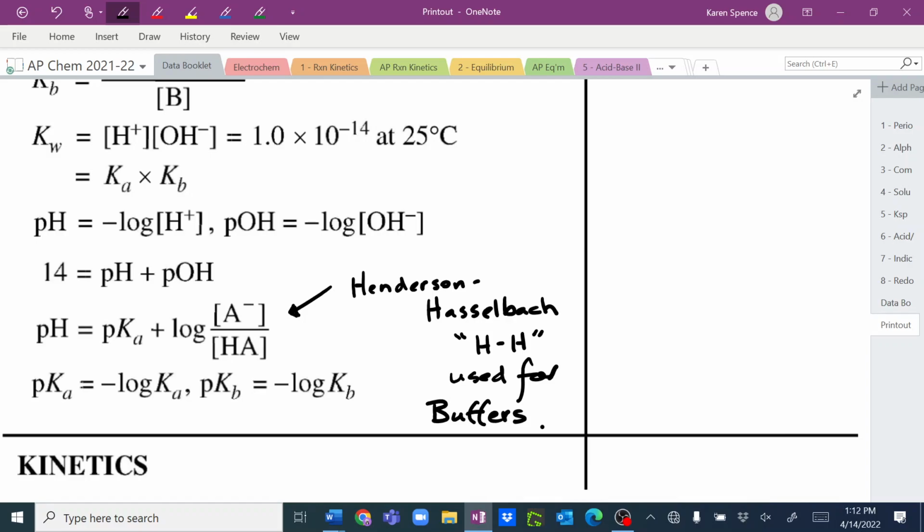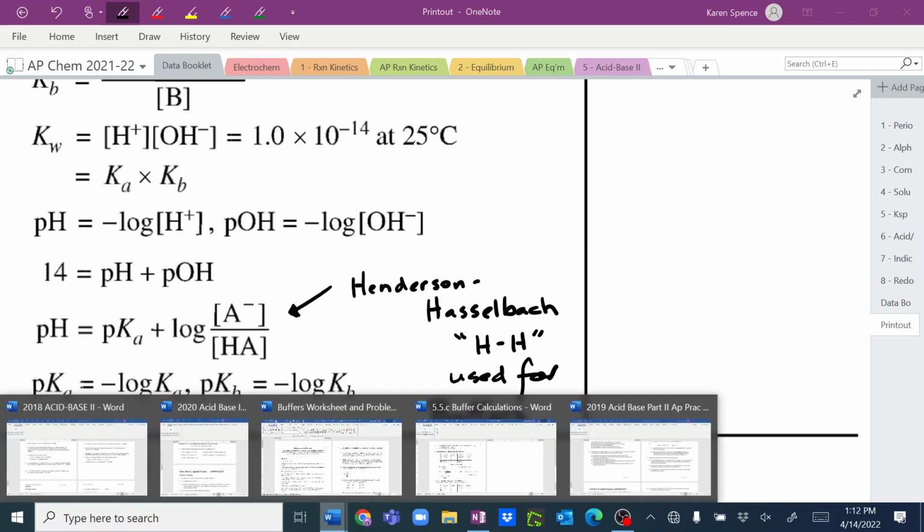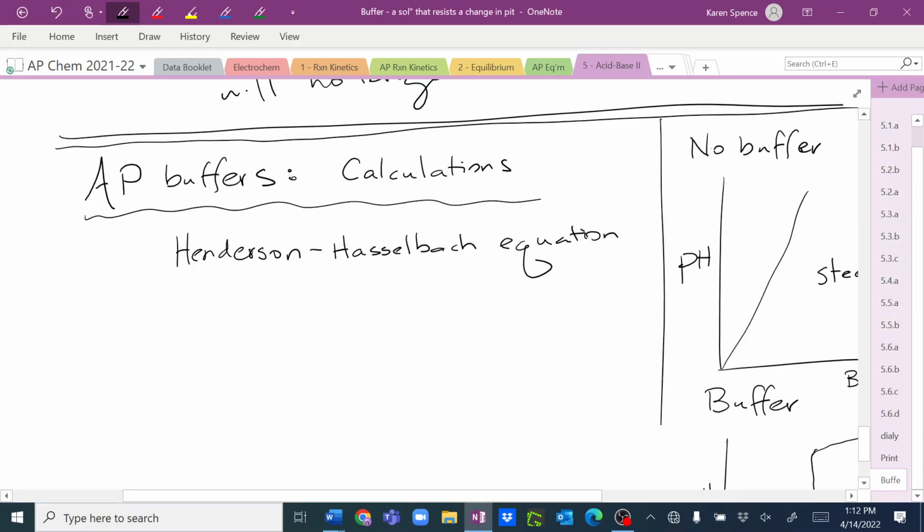So going back. pH equals, what's the formula again? pKa plus the log of BA.